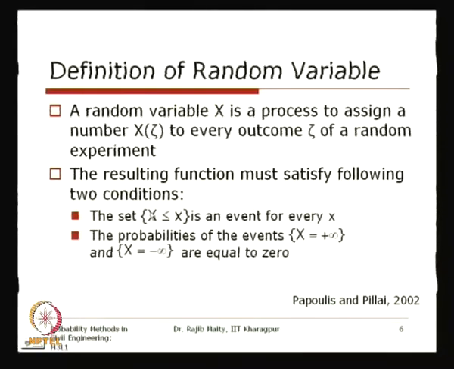The other condition is that the probabilities of the events X = +∞ and X = −∞ are equal to 0. Even though mathematically X can take any value on the real line, for the extremes, plus infinity and minus infinity, this probability would be equal to 0.